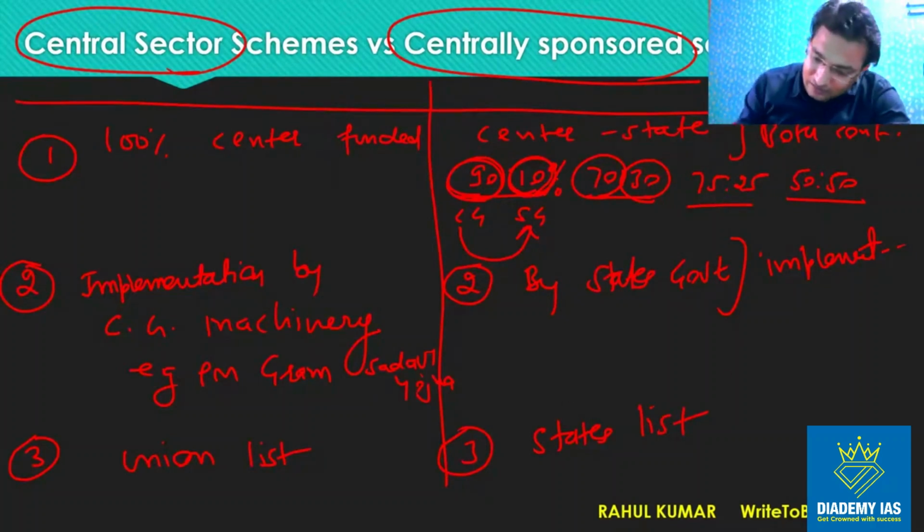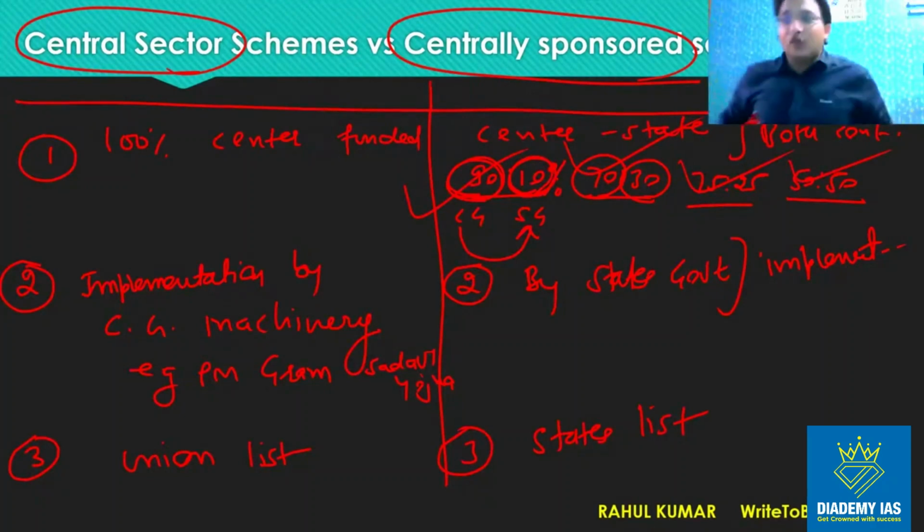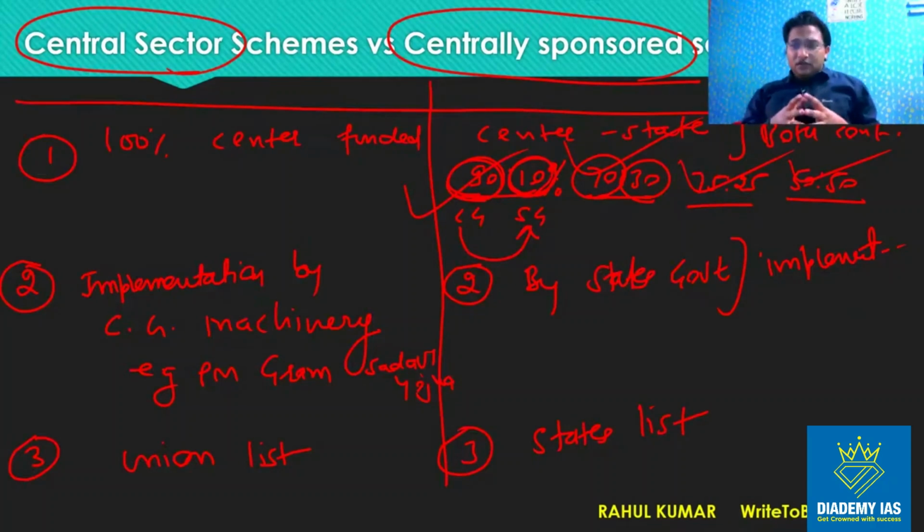Now this money, 90%, 70%, 75%, 50%, can either be given to the state as part of the consolidated fund of India, like the transfer from the consolidated fund of India to the consolidated fund of the state, or it can be in the form of transfer to the local government, transfer to some specific state ministry.